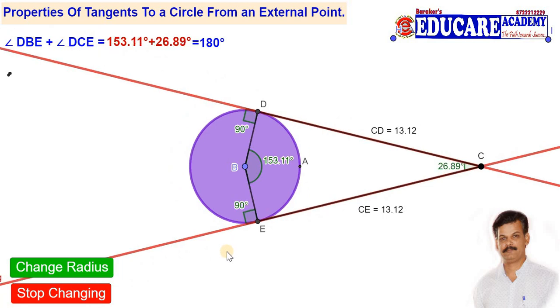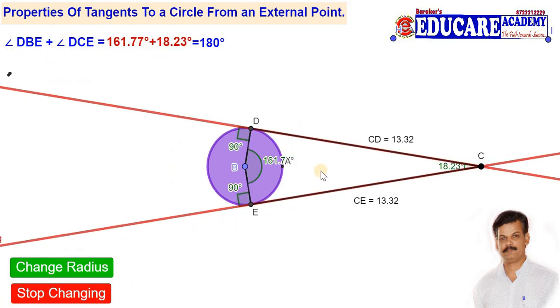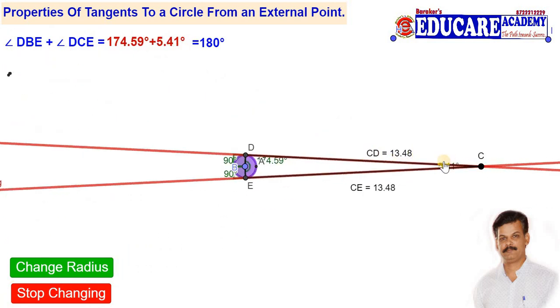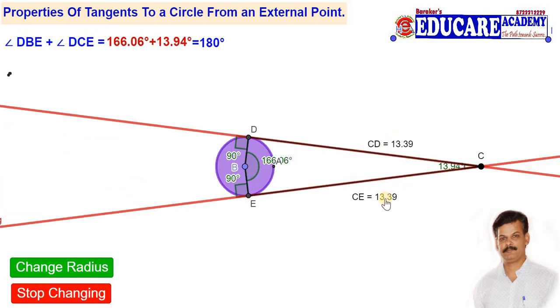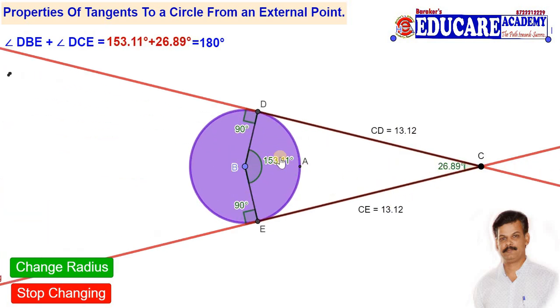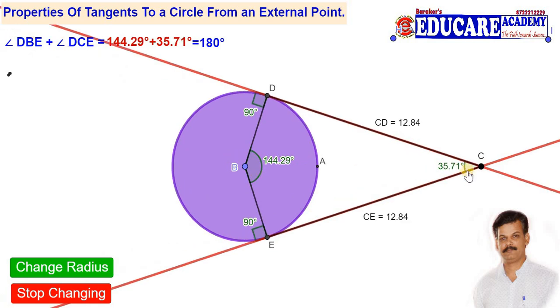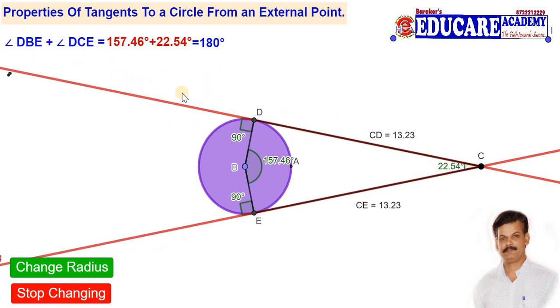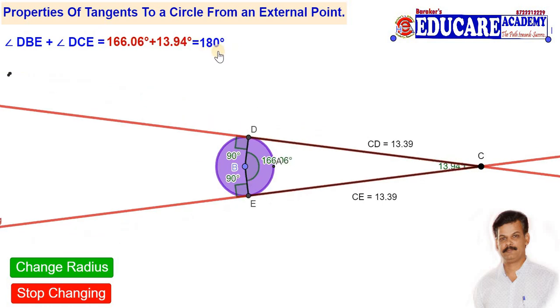See, now the radius is decreasing. As the radius changes, the length of the tangents changes, but they remain equal. The angle at the center and the angle at the external point change, but their sum always remains 180 degrees.